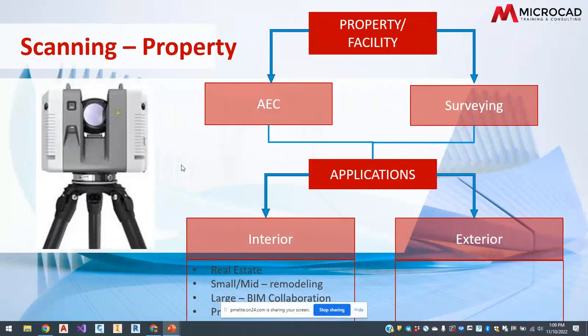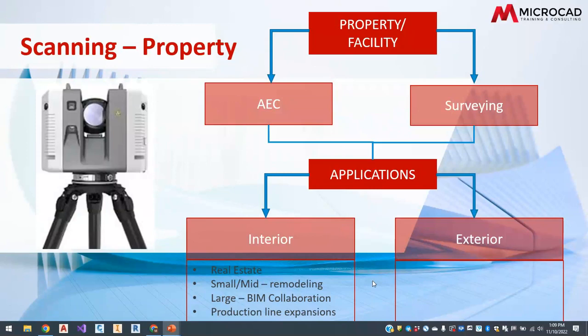And so for properties and facilities, which typically falls under your AEC and surveying disciplines, on the interior side, scanning may be beneficial for people in real estate, remodeling, BIM collaboration, because we can capture the internals of the building.